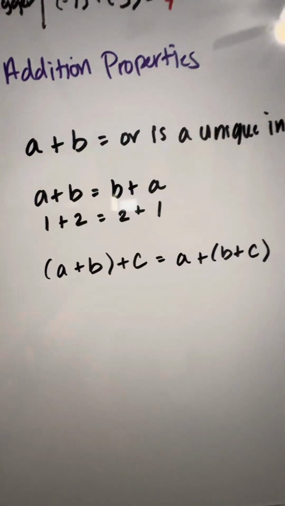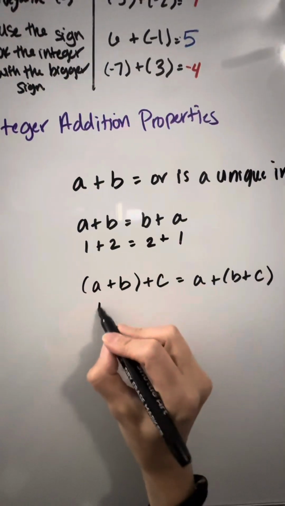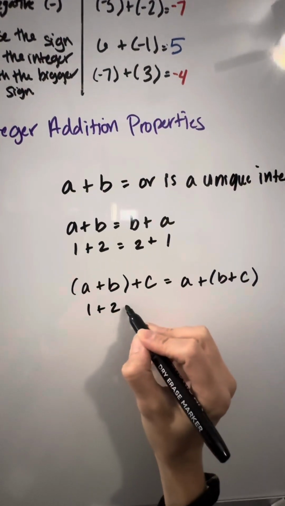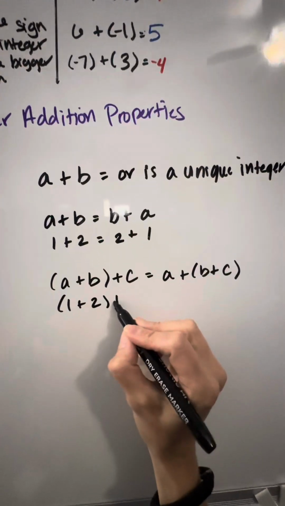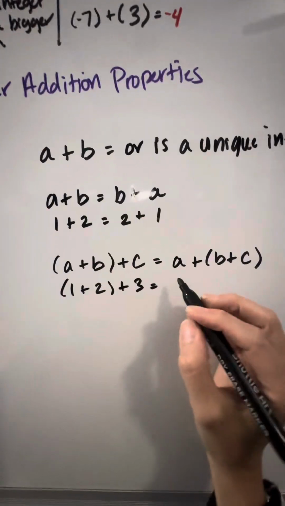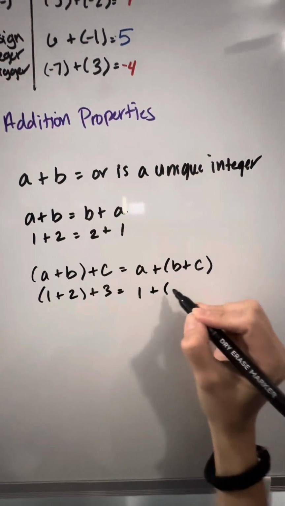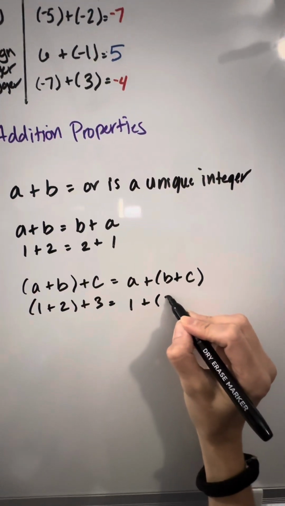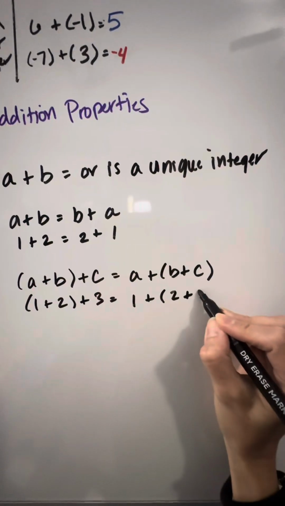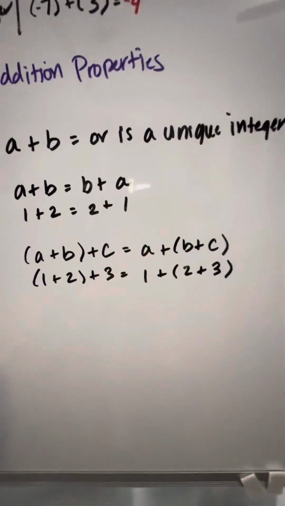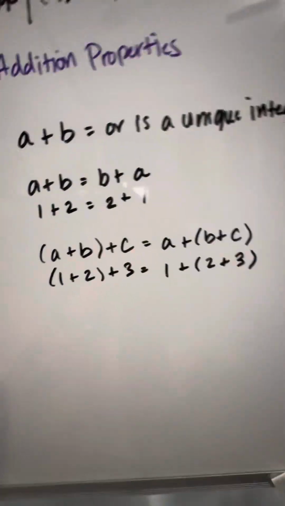Okay, an example of this would be (1 plus 2) plus 3 is equal to 1 plus (2 plus 3). They would both equal each other.